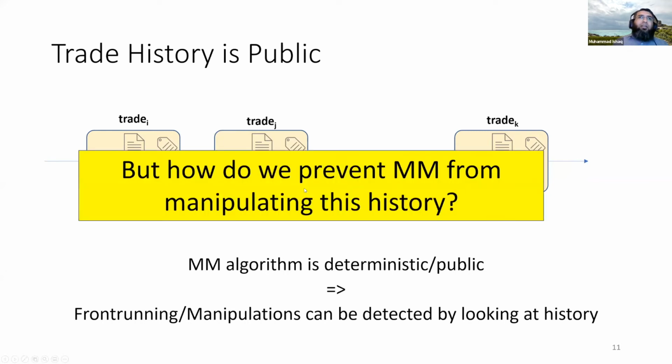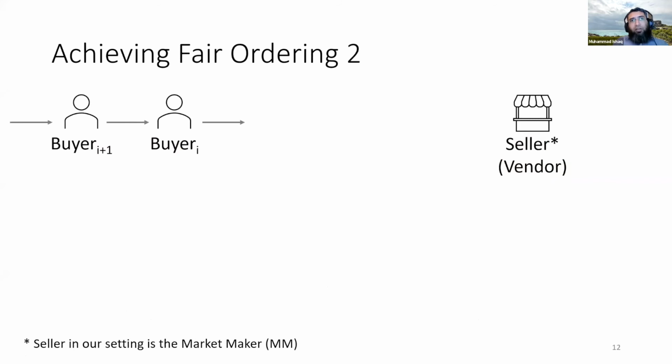So for that, we turn to another trick that we have in such cases. And at the very first round, the trader sends an identifier. In this case, we can think of it as a public key. And the market maker or the seller has a hash chain. So he has a hash chain header.